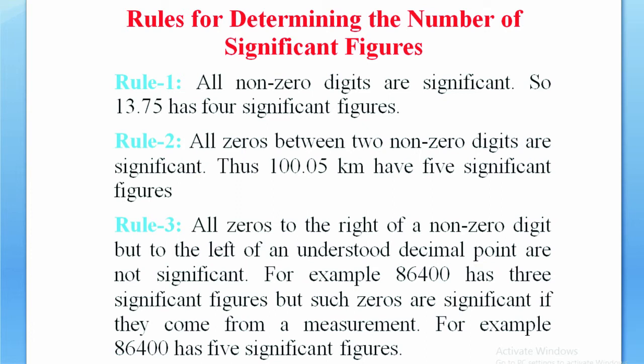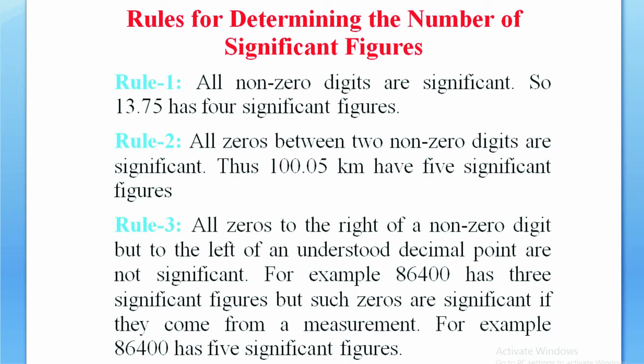All non-zero digits are significant. So 13.75 has 4 significant figures, because 137 is confirmed and the last 5 is uncertain. That means total certain digits is 3, and one uncertain digit, so the total number of significant figures is 4.